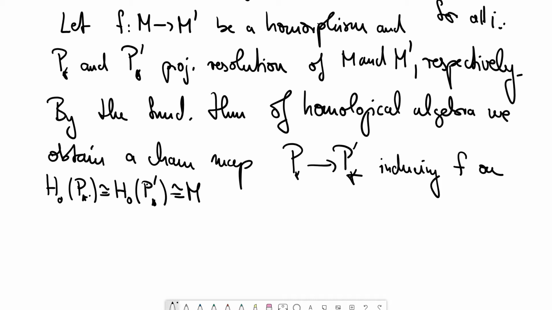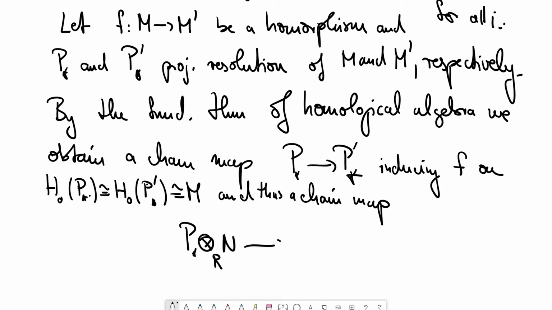And hence, a chain map between the tensor resolutions, just taking this chain map tensor the identity on N now.